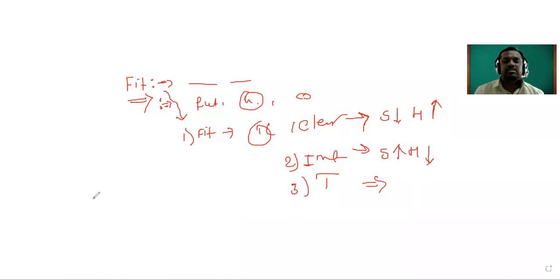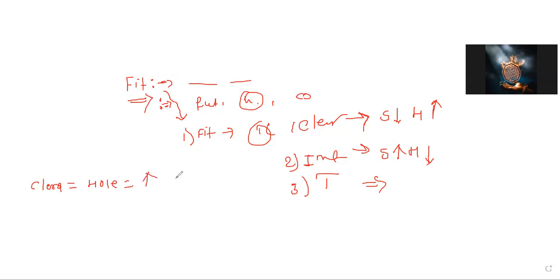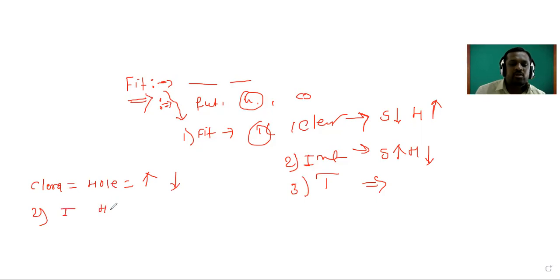Again, which definition have we seen here? What is the technical definition of the clearance fit? If the tolerance zone of the hole is above the tolerance zone of the shaft, it is a clearance fit. For the interference fit, the tolerance zone of the hole should be below the tolerance zone of the shaft.